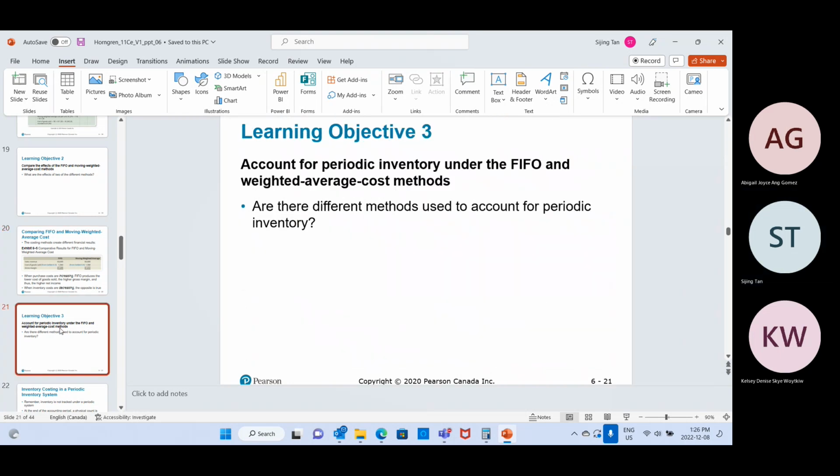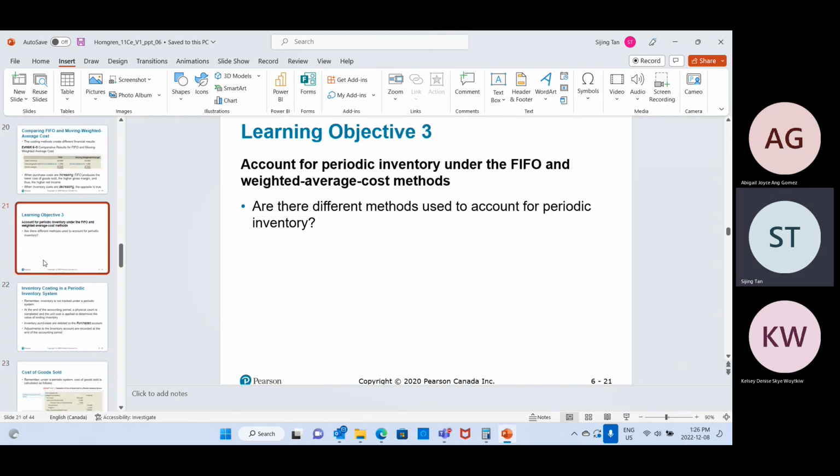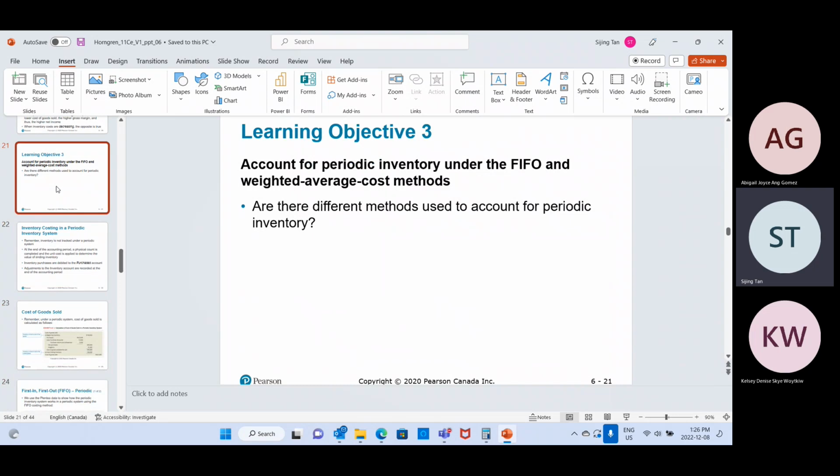Okay, so that is the comparison of the two different methods. Actually, that is one of the most important topics you need to pay attention to, because you will see different methodology questions in your final exams. Make sure that you understand those two different methods, FIFO and weighted average.